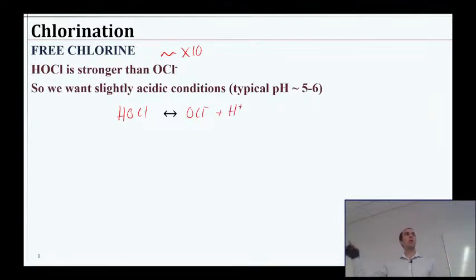And if we have more H plus, it's going to push that reaction to the left, right? If H plus is large, it pushes the reaction that way, because we have more of the products, going from right to left. If we have more products, it'll push it towards the reactants, I guess we could say.